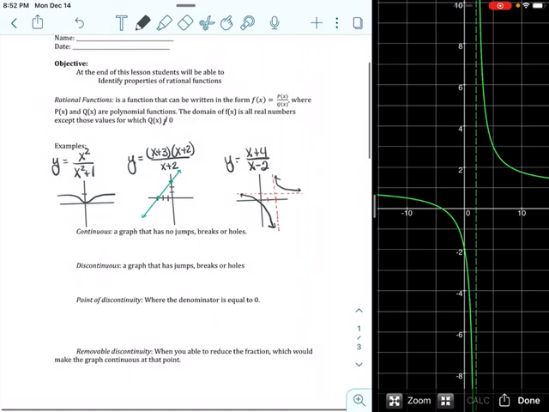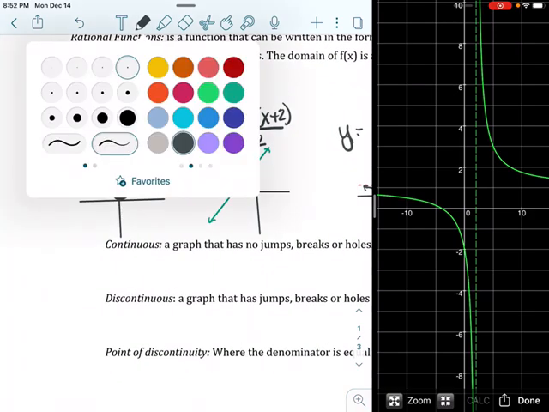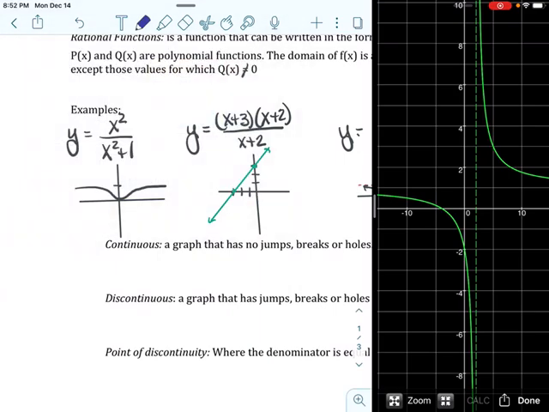All right, so which one of those three graphs did I graph without jumping? Because they don't have any holes or breaks. And that's definitely the first one. So this first graph would be continuous.